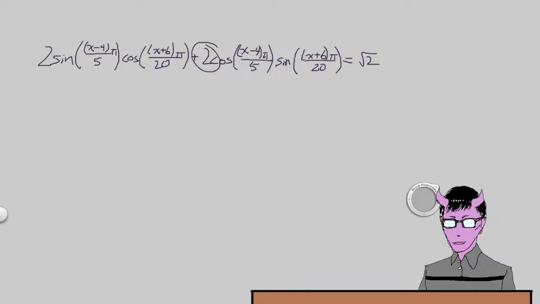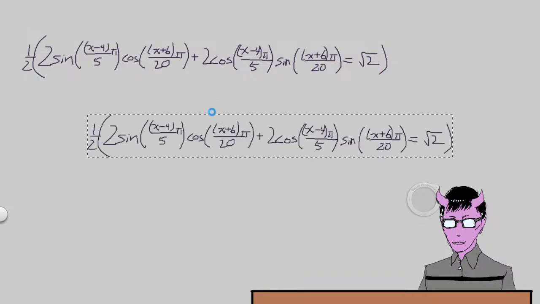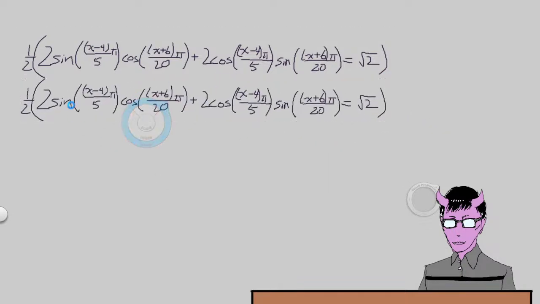But we do have this very awkward 2 in front of both terms, so we're just going to open up by multiplying both sides by 1/2 to clear that awkward coefficient. So should I just copy paste this? Yeah, let's just copy paste. I'm going to cheat just a little bit just to save a little bit of time. So distributing the 1/2, we're going to clear the coefficient in the front for the sine.